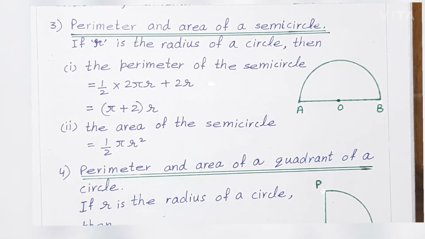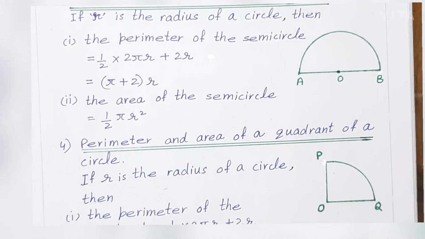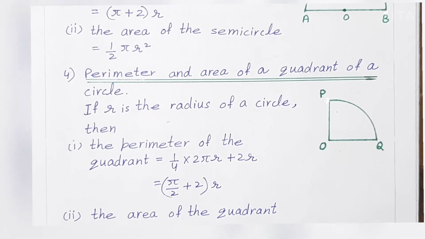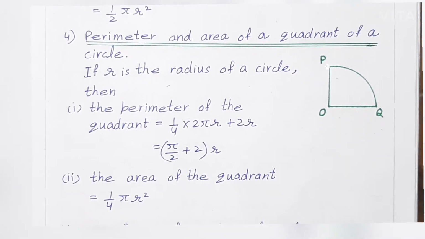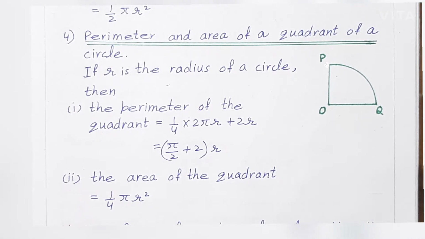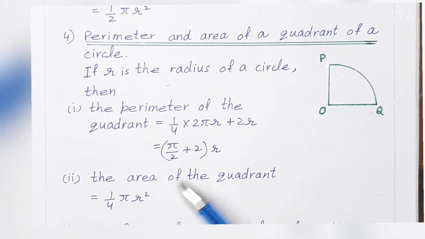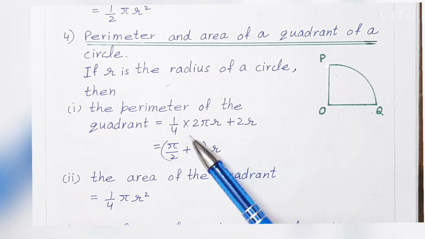Clear? Now let us discuss next topic, that is perimeter and area of a quadrant. Now what is a quadrant? A quadrant is 1/4 of a circle. Clear? So its area will also be 1/4 pi r square. Now let's see the perimeter.